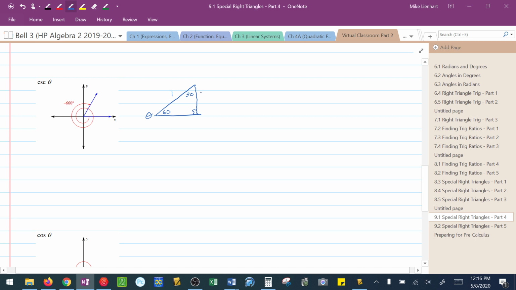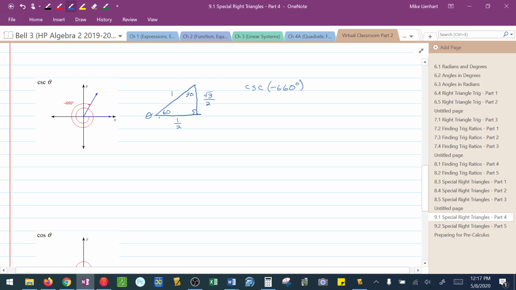If the hypotenuse is 1, shorty is 1/2, and it would be positive because I'm going on the positive x-axis, and the longer side would be the square root of 3 over 2 because I'm moving up from the positive x-axis. Once we have that, we're ready to find the cosecant of negative 660 degrees.